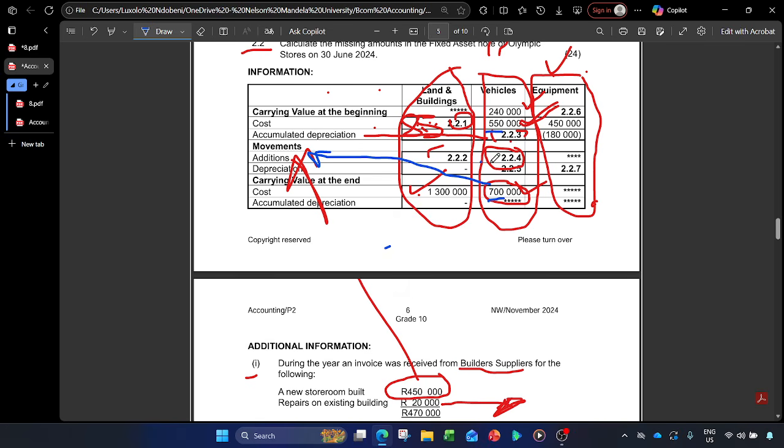So we say cost plus additions, then we got 700,000. So now we just say 700,000 minus 550, and we get the addition cost of a vehicle, which is asked in 2.2.4, right?